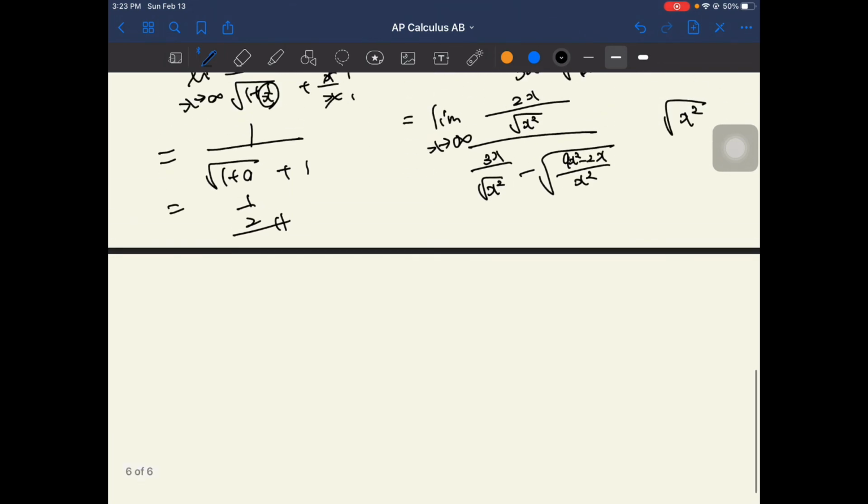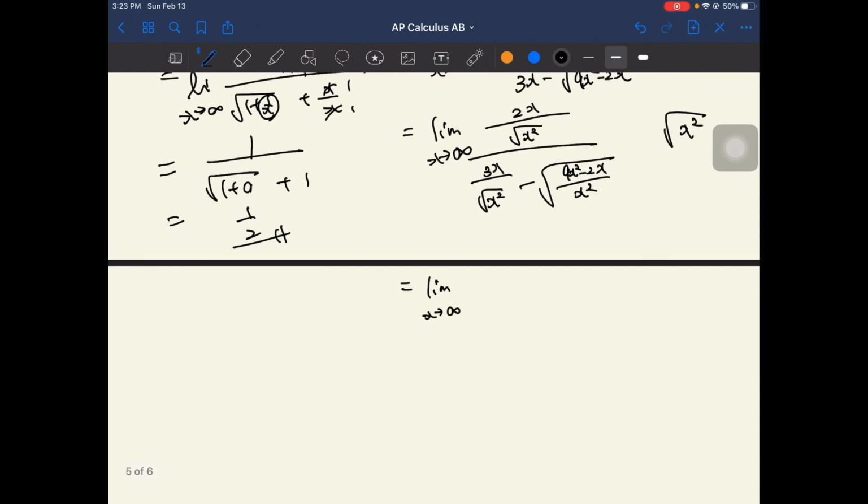Let's expand it. Then again, okay, forgot to put the negative sign here. 2x over absolute value of x over 3x over absolute value of x again, negative square root of 9 negative 2 over x.